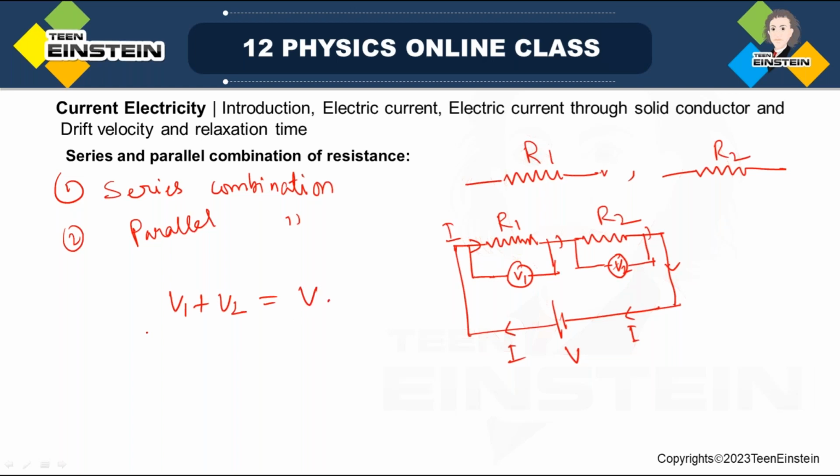From Ohm's law, V is equal to IR, so V1 is equal to I1R.